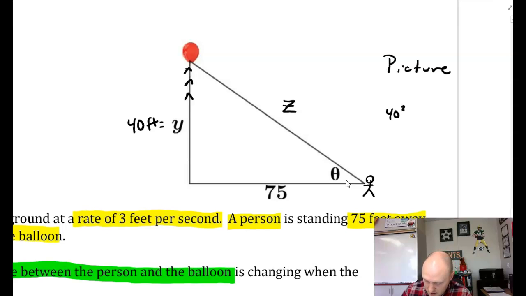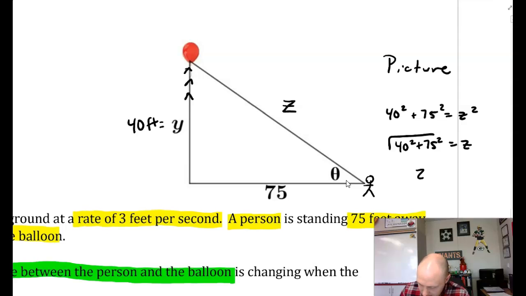I have 40 squared plus 75 squared is equal to z squared. So therefore, z is going to be equal to the square root of this quantity, and that gives us 85 according to my previous calculations, 85 feet.